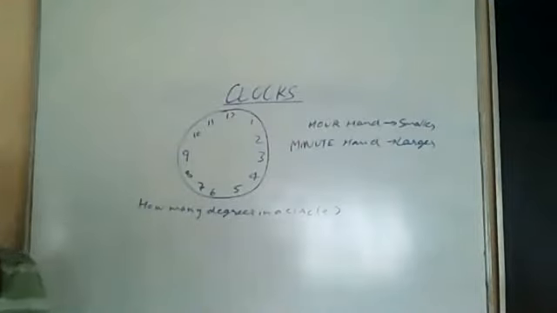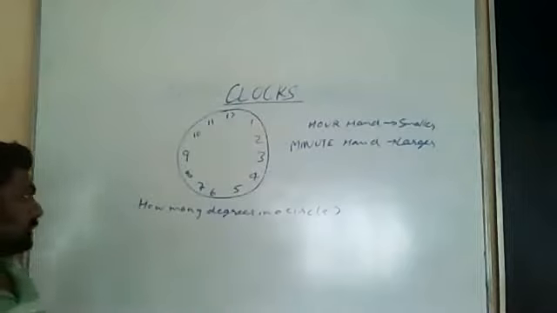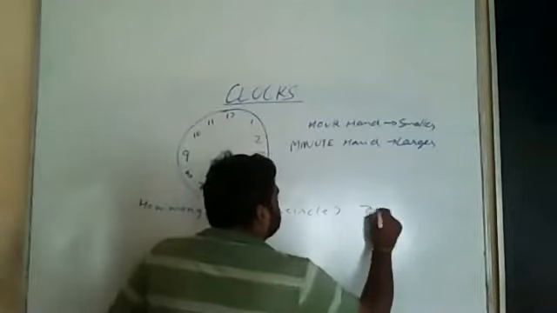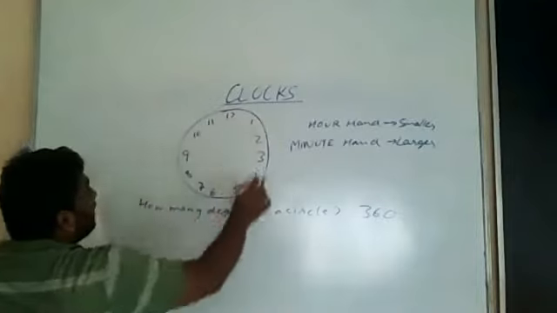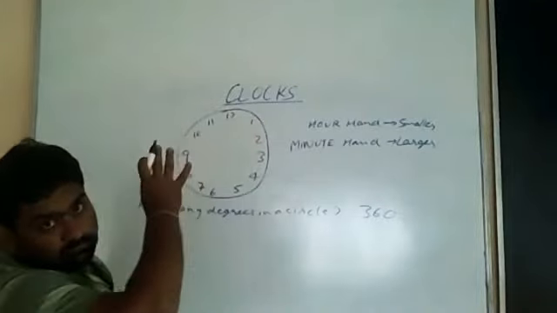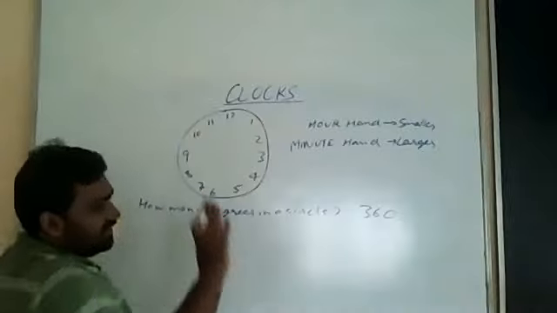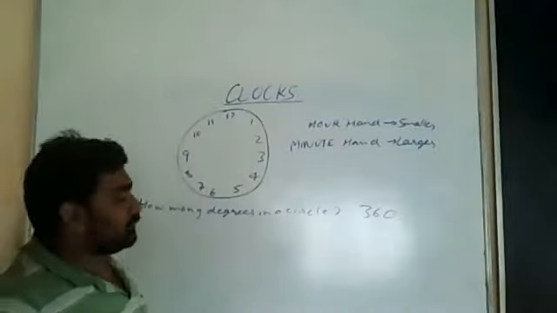How many degrees in a circle? 360. Is this a circle? Yes. So this also must have 360 degrees.